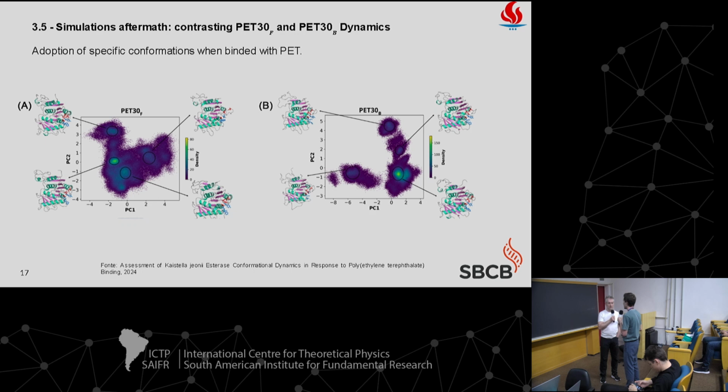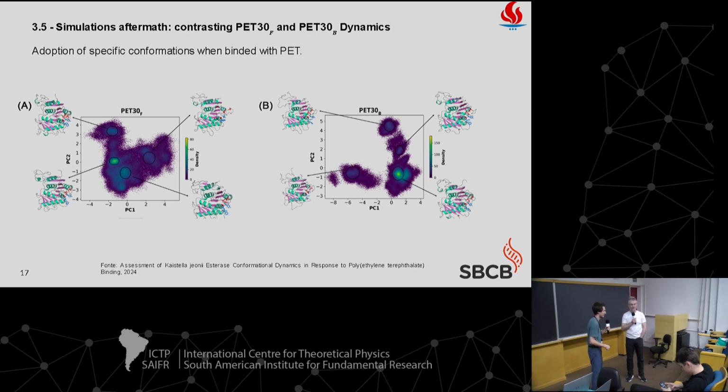But PET30 can break the PET molecule at lower temperatures, which ICTP-SAIFR cannot. So this is why we simulate PET30, because we want to understand what enables this enzyme to do this. Okay, thanks.